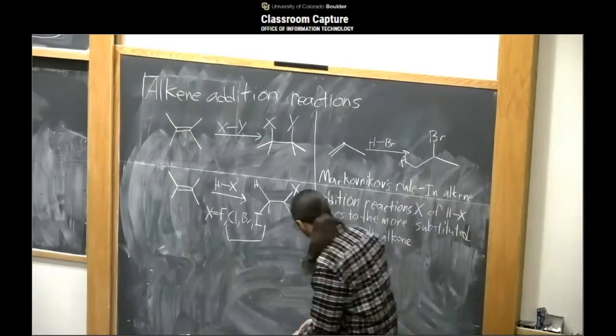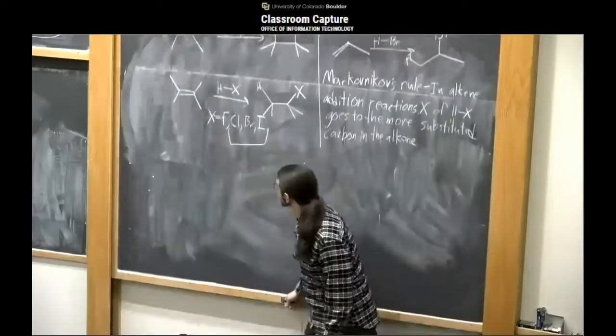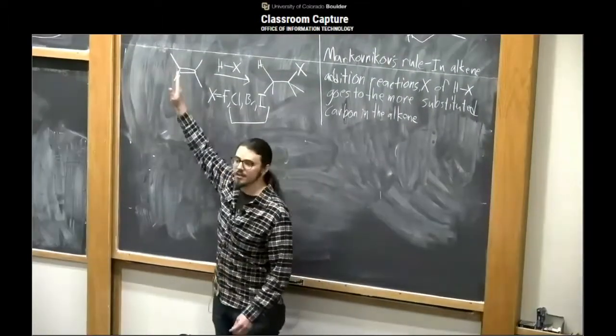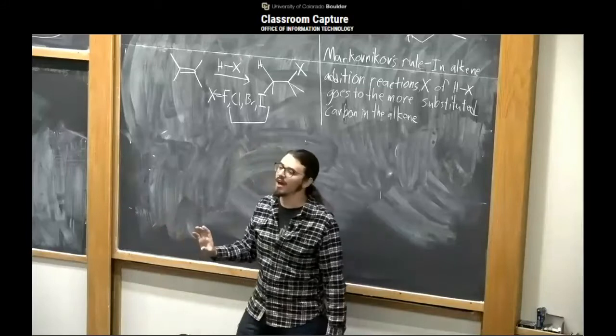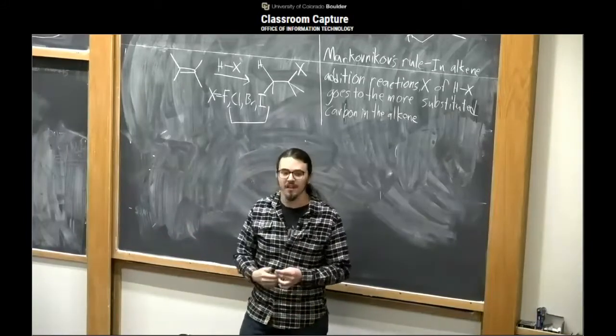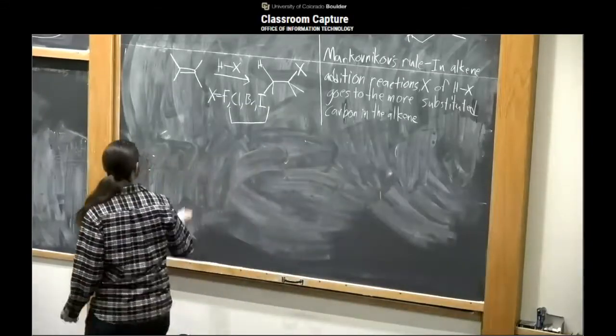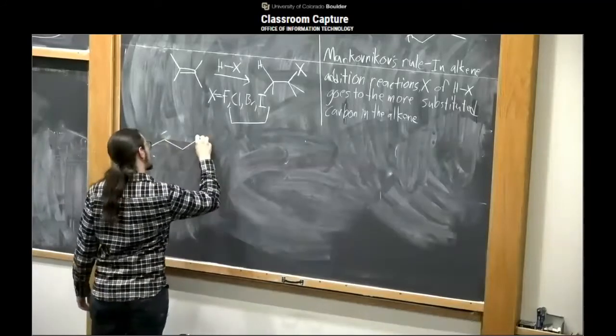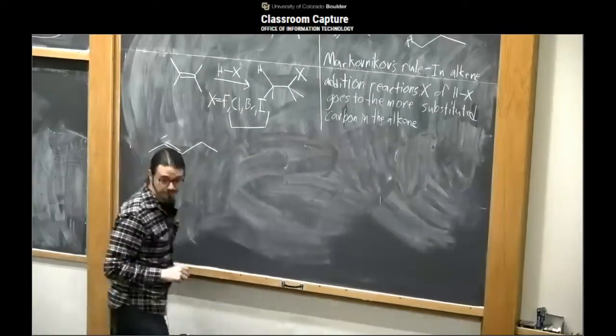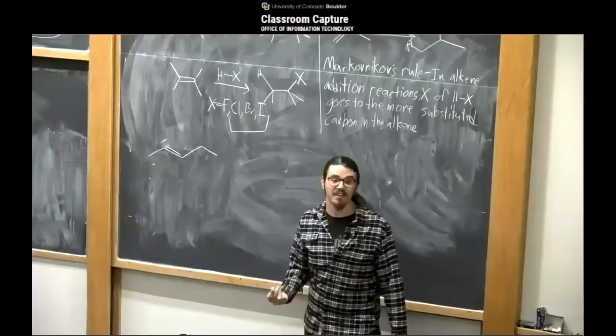So for example, this one's symmetric, so it doesn't matter which atom it goes to. You'll end up with the same product in either case. But if we have an unsymmetric alkene like this one, then you'll end up with a mixture of products.